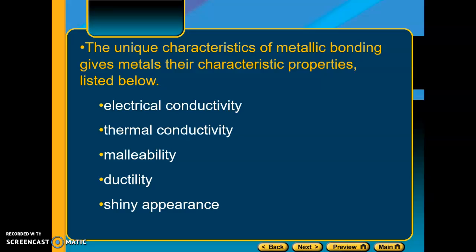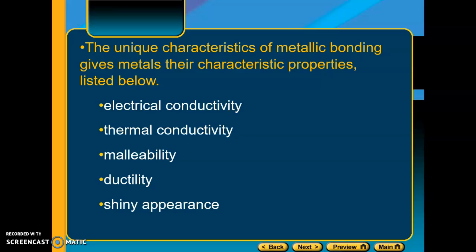That metallic bonding gives metals unique characteristics. Because they have free moving electrons, if you try to conduct a current through them, those electrons will be able to move towards the anode or the cathode and will conduct electricity.